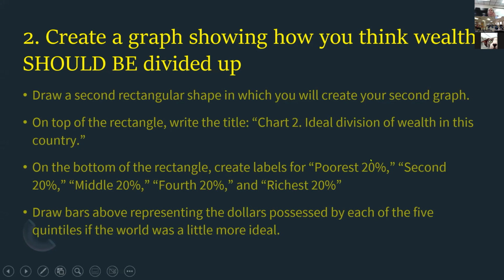This means maybe you think it's ideal right now, then your chart would be exactly the same. Maybe you think wealth should be divided up a little bit differently, and then your graph would show that. The title would be exactly the same, but you're going to label it chart 2, and instead of actual division of wealth, you're going to write ideal division of wealth.